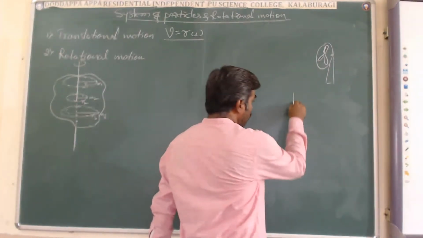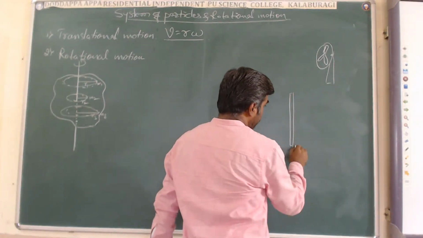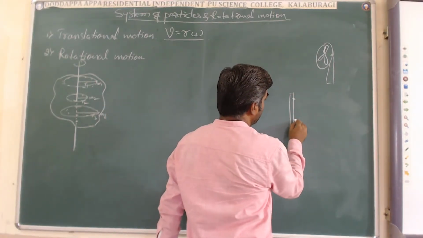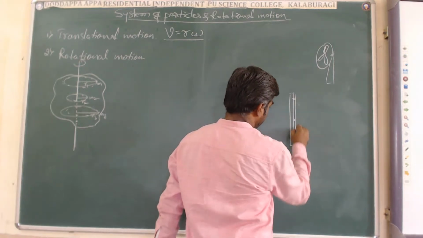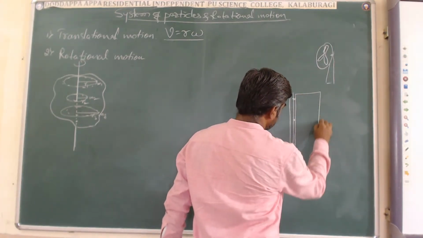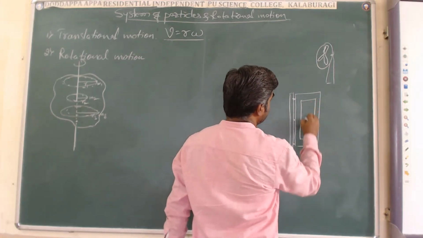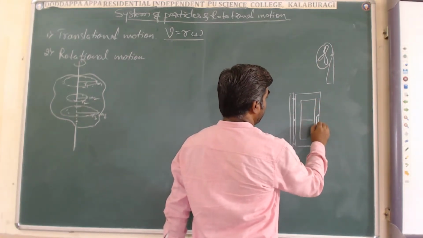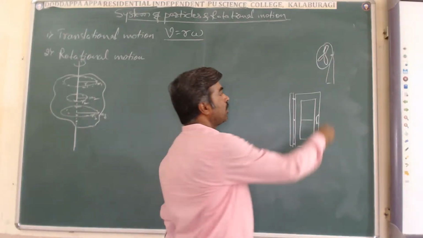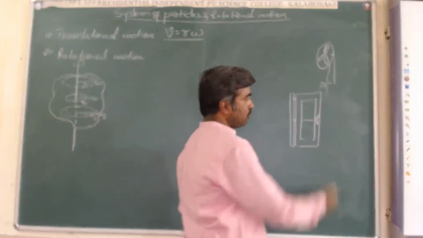When a door is closed or opened with the support of the hinges, consider this is the door and here is the handle. It is very easy to open and close with this handle.